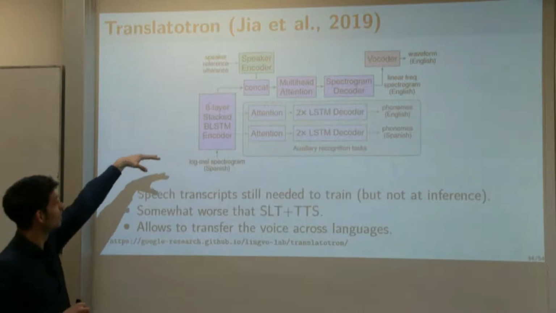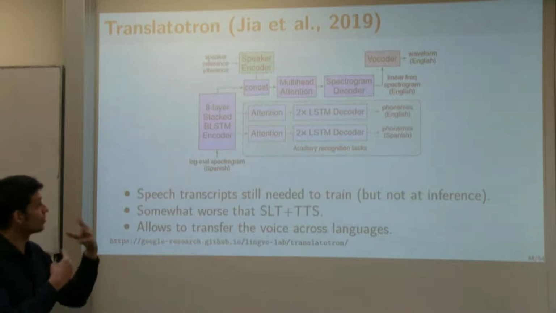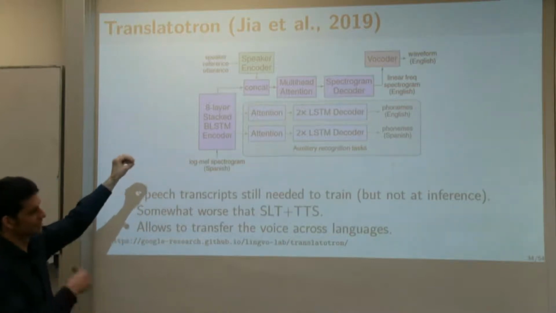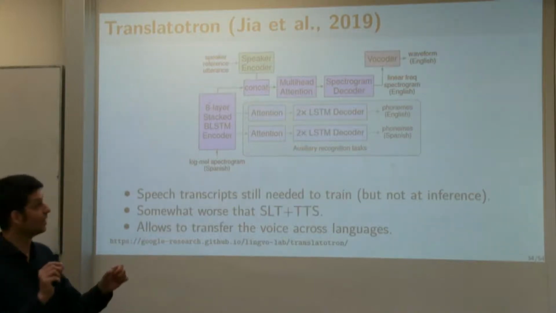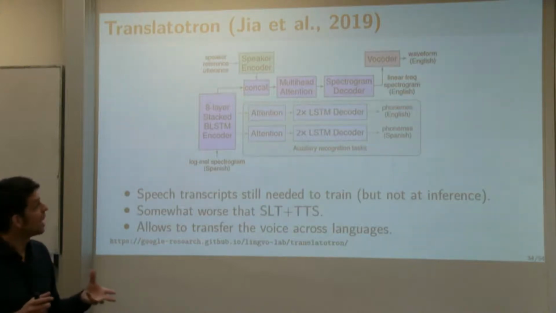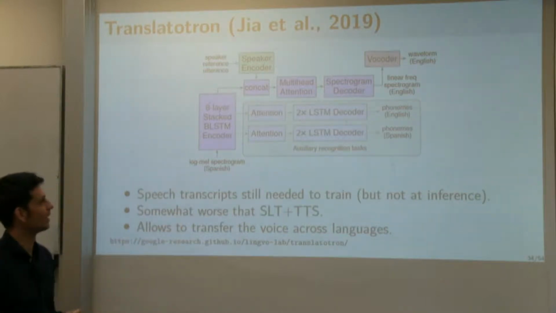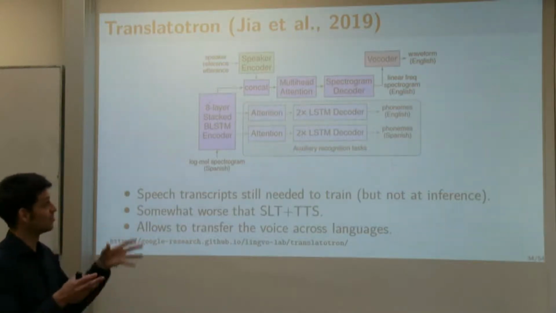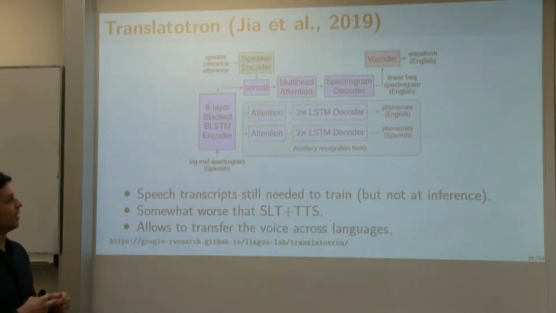So after processing the spoken language on the source side, and after synthesizing or creating the sequence of phonemes in the target language, they concatenate this phoneme representation with the speaker information, and then they create the spectrograms in like a second decoder in the pipeline. And that allows them to preserve speaker characteristics in the speech translation. So you will hear the same voice, but it will be saying words in the other language.